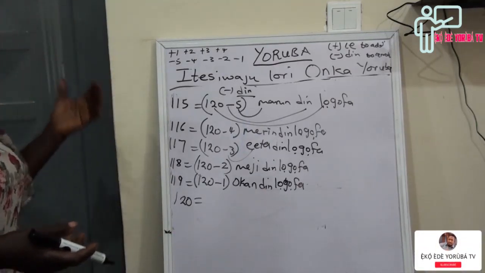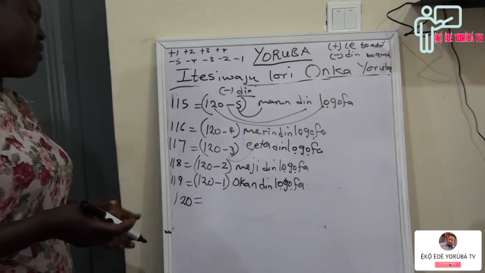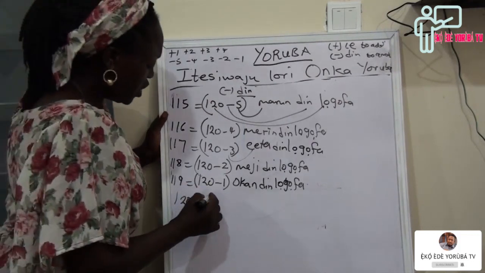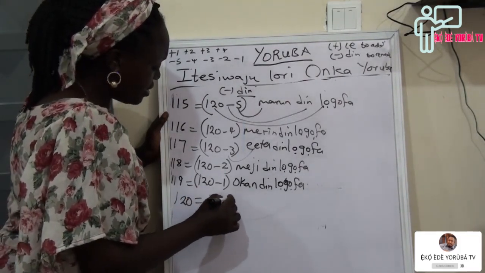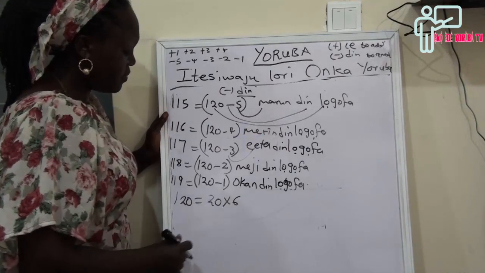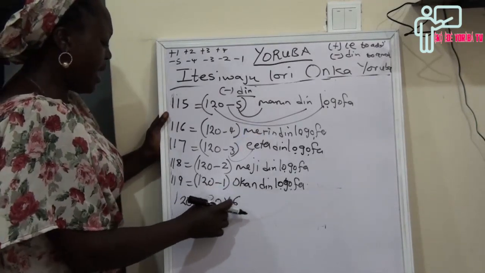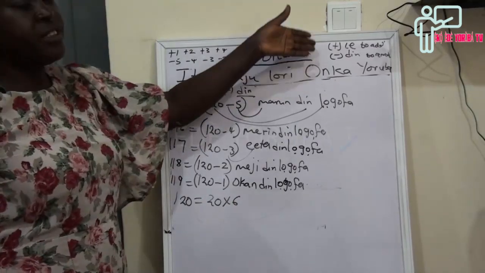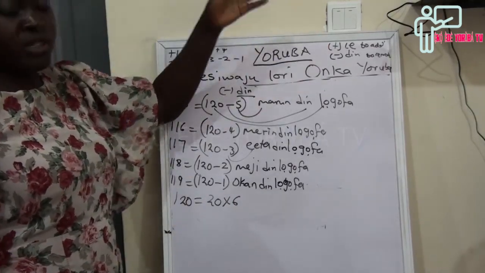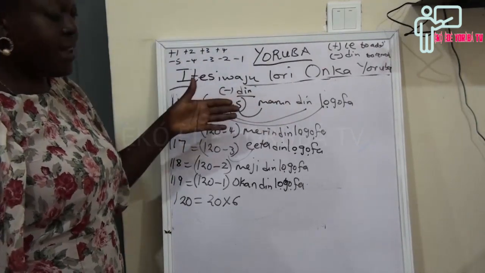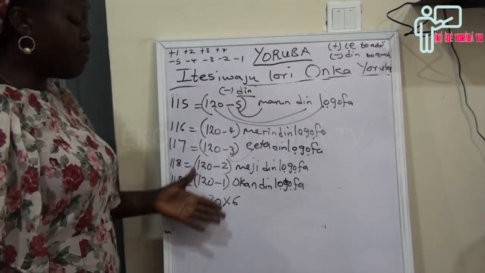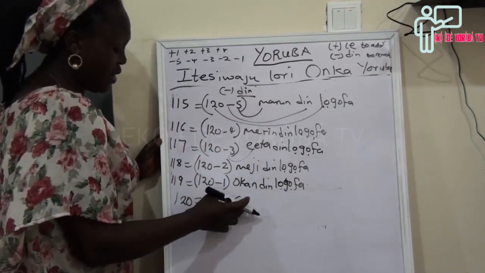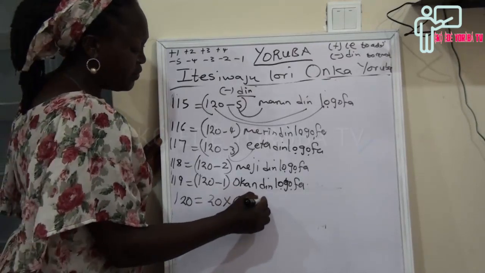110, 120, 130, 140, 150. So 120 means 20 times 6. I said we have only holding and multiplication of the sign, which is àmì ìsọdipúpọ̀. 20 times 6, ogún mẹ́fà.